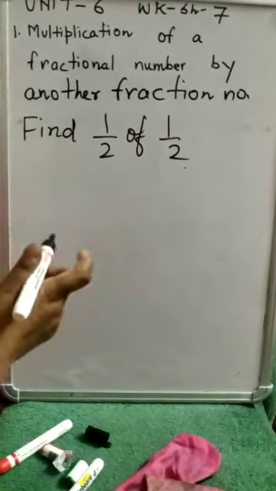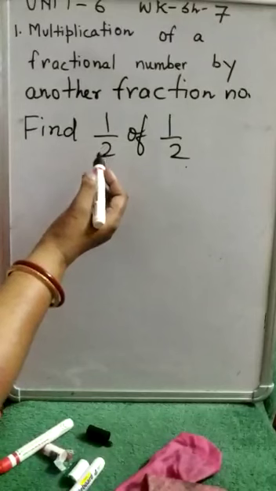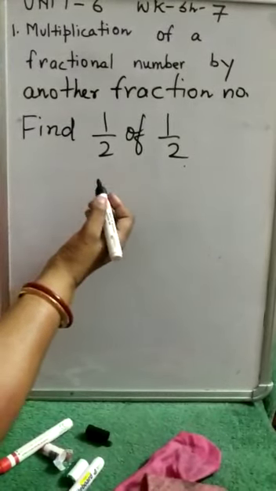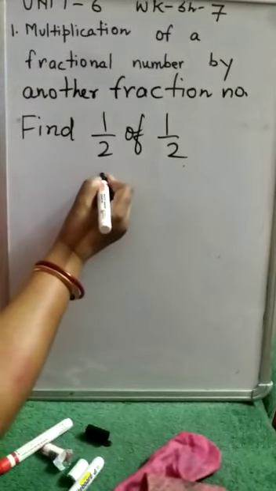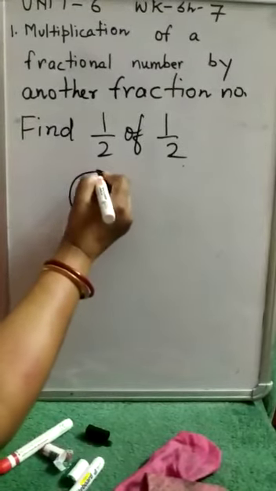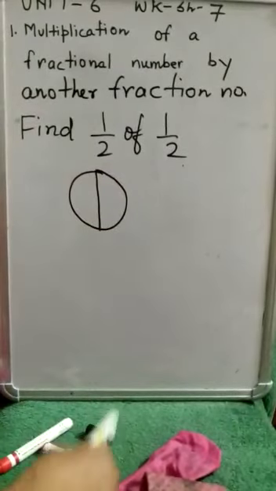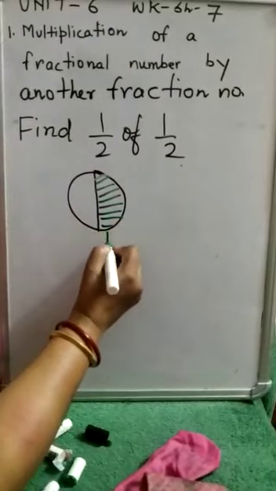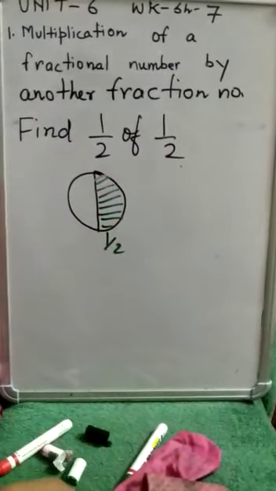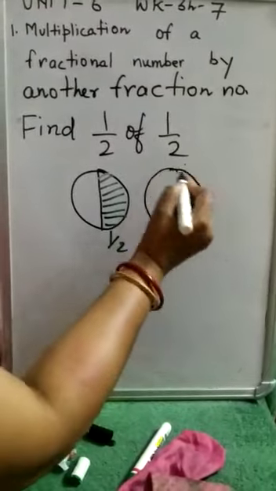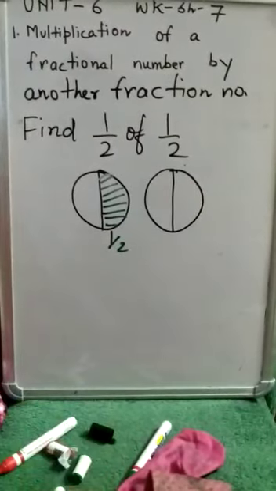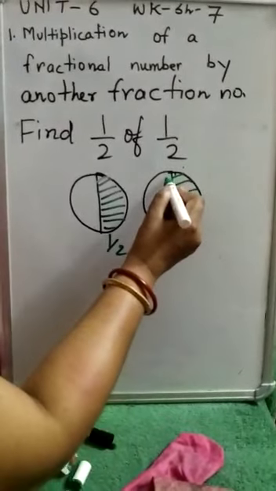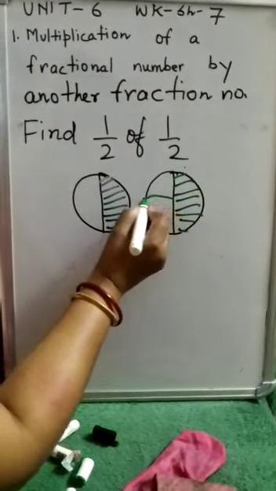For example, in the first serving, the man gets half of the chapati, 1 by 2. And in the second serving, the man gets half of the half. This is half. Half of the half is this.